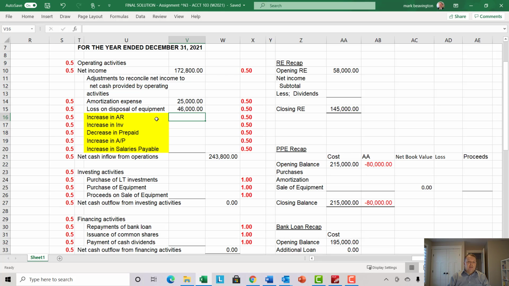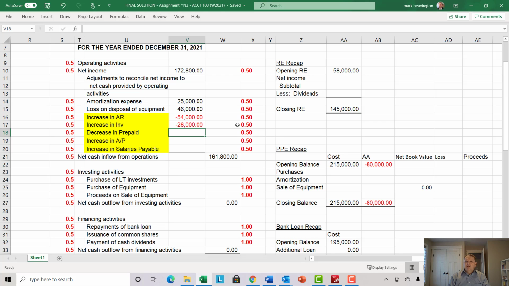Then if you analyze the current assets and the current liabilities, you'll find that you've got a couple of things in here. The increase in accounts receivable is a $54,000 hit to cash flow, and the increase in inventory is a $28,000 reduction of cash flow.